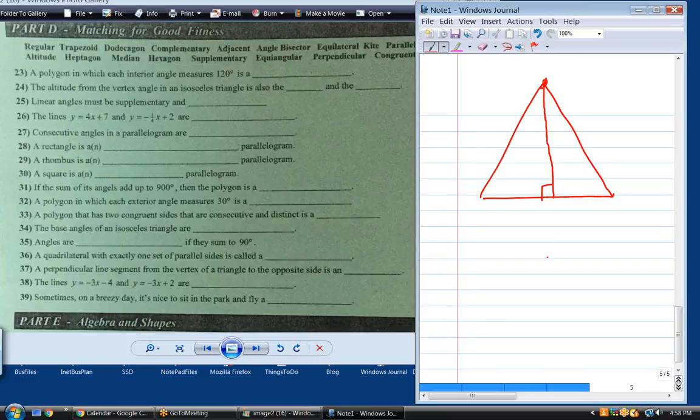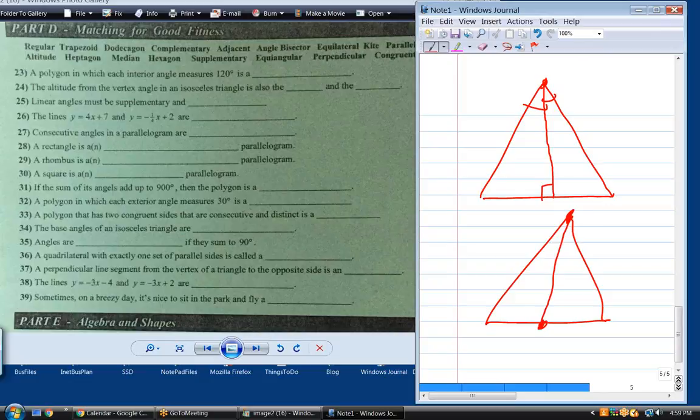It's an angle bisector. This angle is equal to that angle, that's correct. It's also a median. Now, typically, a median goes from the vertex to the middle of the other side. That is a median. But only in an isosceles triangle does the median form a right angle, and the median is also the altitude.